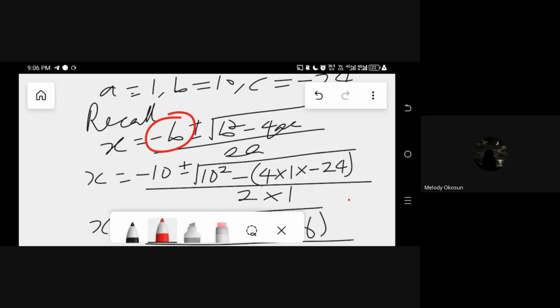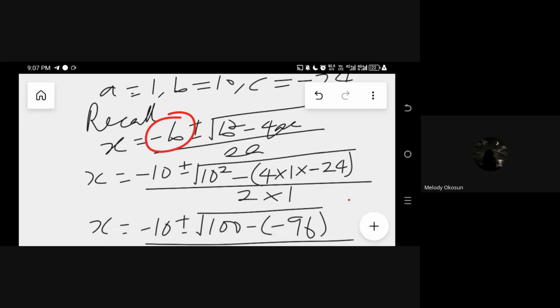But in this case, it is minus B and B is now pure 10, not minus 10. That's why we did not write the bracket minus again this time. It was just one minus, the minus in the formula, because B is positive. So take note, it is when B carries a minus that you have two minuses, one from the formula and one from the value of B. But in this case, B is just positive 10. That's why I have minus 10 there, and we're not able to cancel minus times minus.